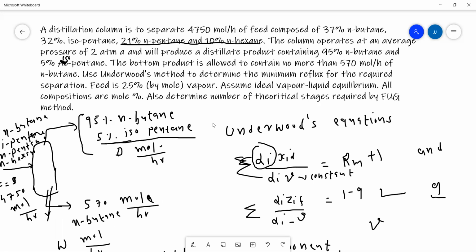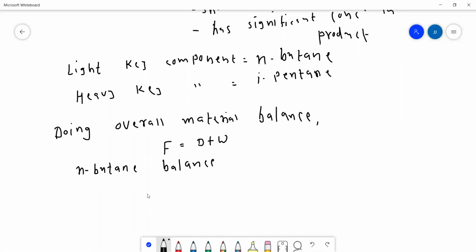And the top distillate D contains 95% N-butane, so this is 0.95. So doing the N-butane balance, in the feed it is 37%.